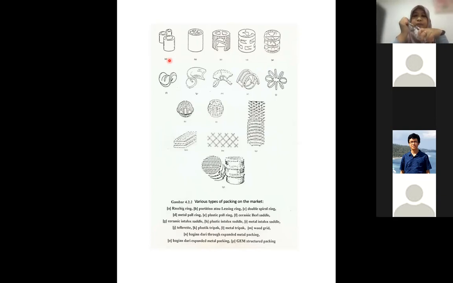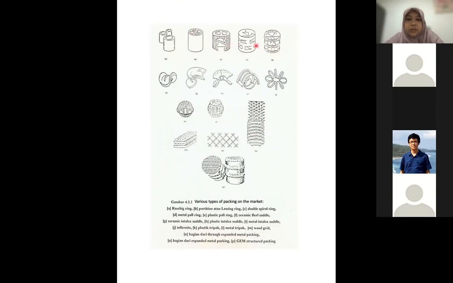So it's just going to be a difference, okay. To increase the wetted area, sometimes there are also other shapes like this. It's like, if you know kue kembang goyang, around like that one there. So you have the wetted area on the outside, and also some wetted area on the inside.